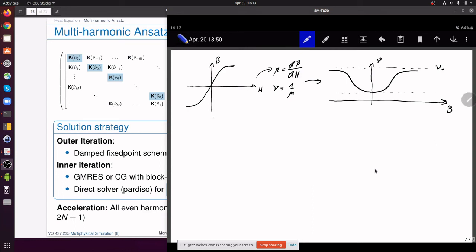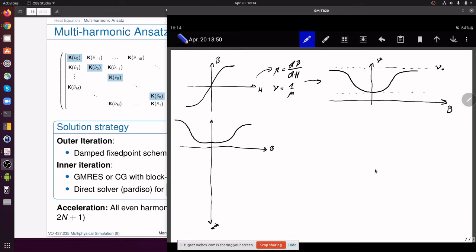The crucial thing is, if we plot the nu again in this graph over B, that's our time coordinate.